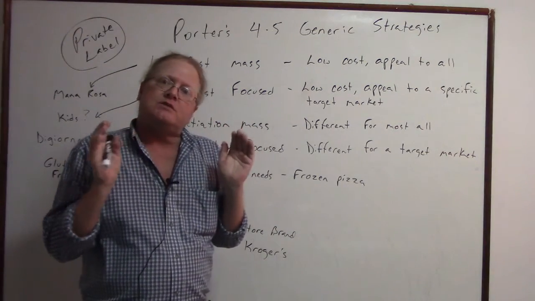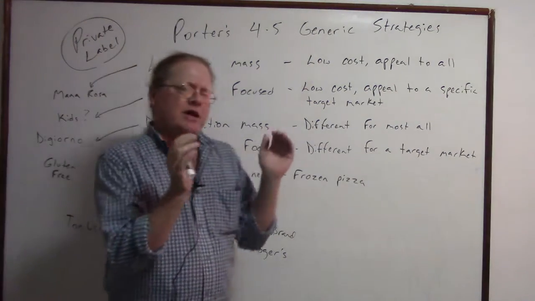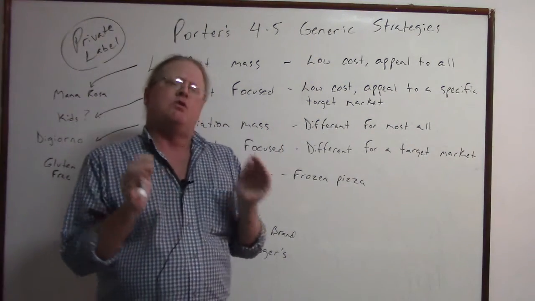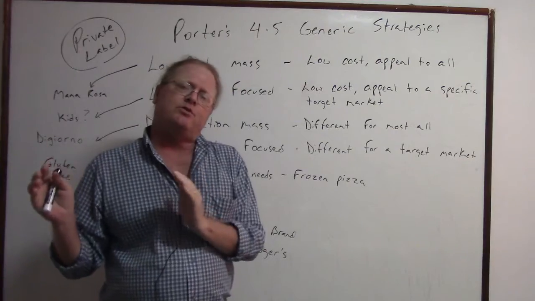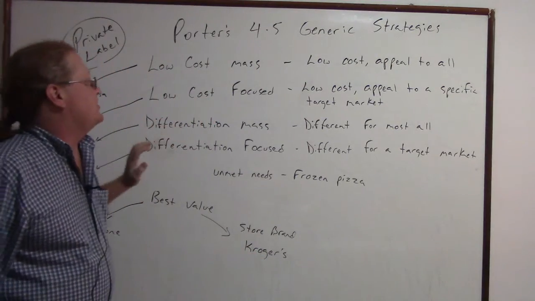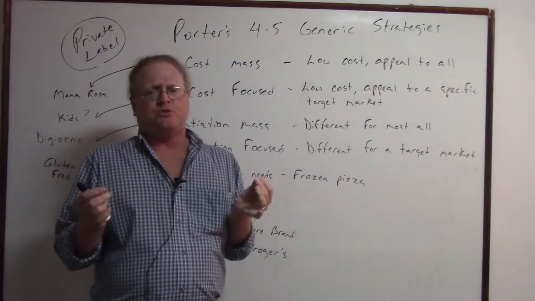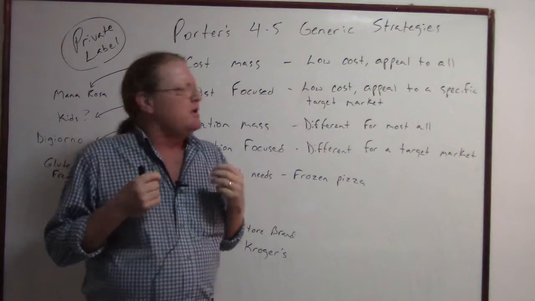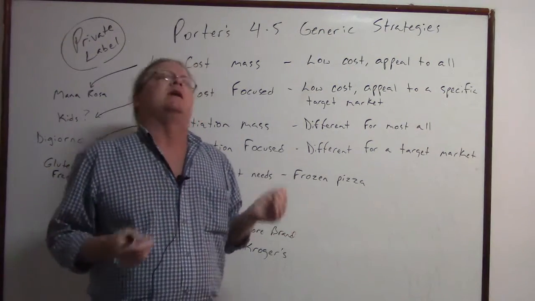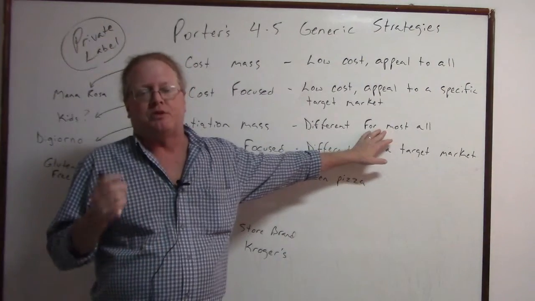They say that one size doesn't fit all very well, so we want to have a low-cost option for a specific group of people. Now, number 3, we have differentiation mass. We want to be different, have some extra features, have something special, be unique in some way, and have it appeal to most all people if we can.